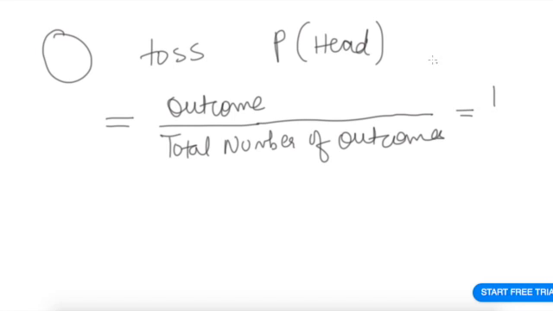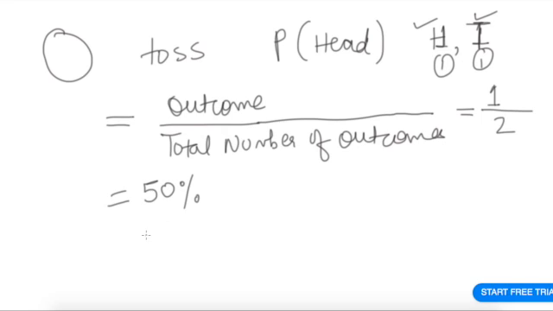We need a head. Now when you toss a coin, you will get one head or one tail. So this is one, this is one. How many heads can you get when you toss? Only one. How many outcomes do you have? You can either have a head or a tail, which means two. What is the probability to get a head? 50%. So this is what probability means. Thank you.